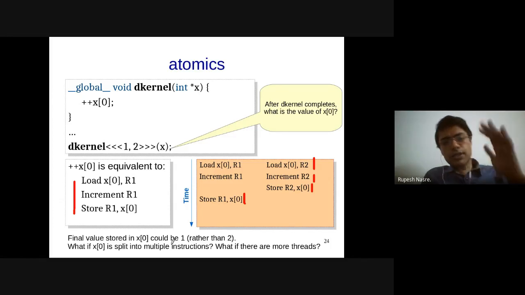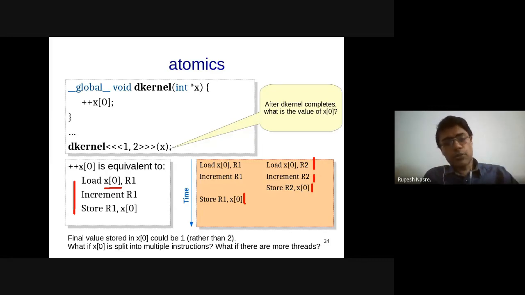There is also another complication. For now, we have assumed that x of 0 is an atomic memory location, or that accessing x of 0 is an atomic operation. That need not be the case. You might say that I load the value of x, then I add 0 to it, right? If it's unoptimized code, then I add 0 to it, and then I read the value from there.